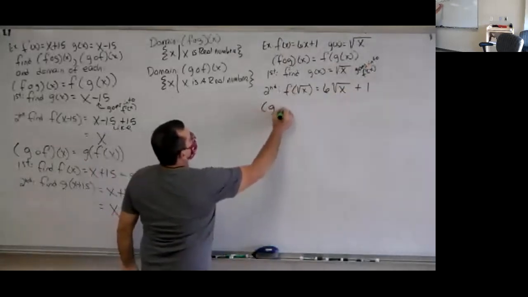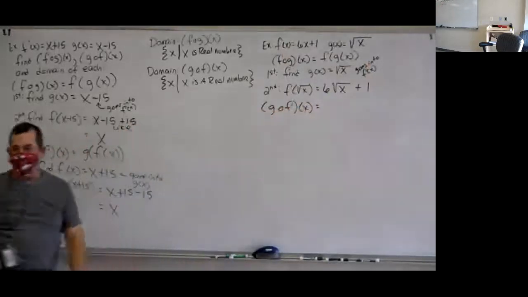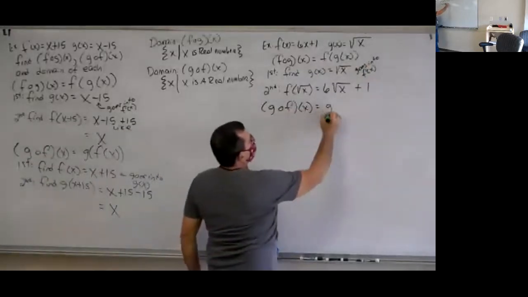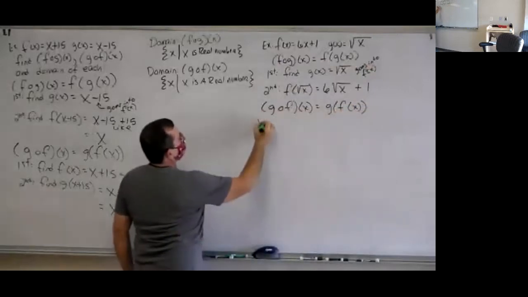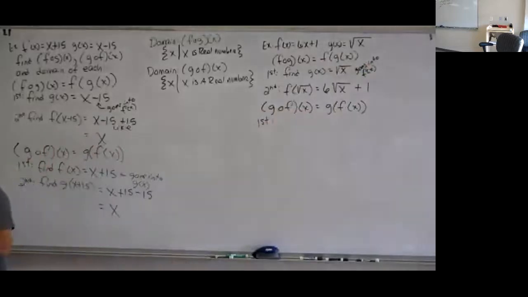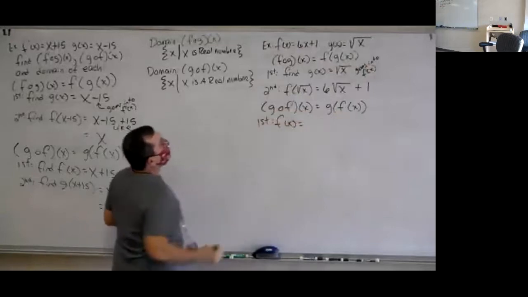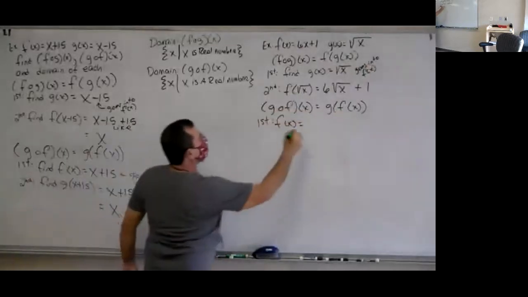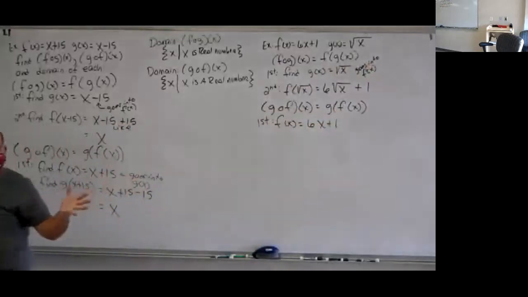Let's find g of f of x. So this one will be like our g of f of x. So first thing we'll find is the f of x. So the f of x was what? 6x plus 1. Can y'all do anything to that?